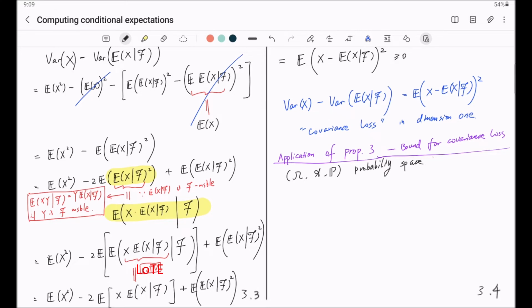Let X be a random variable whose range is the interval from -1 to 1, or more generally, some bounded interval. For convenience, let us just consider the interval from -1 to 1, namely X is bounded by 1.